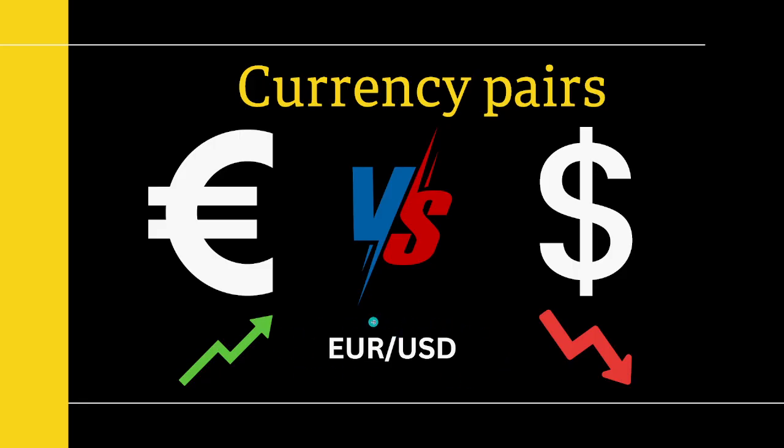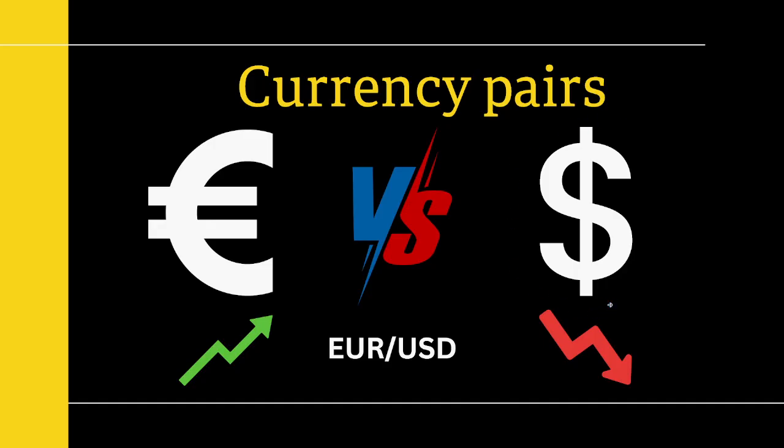When you're charting the financial market or looking for something in the news, you will find it like this: euro slash USD. So what does euro slash USD mean? It means that both of them are against each other, and usually the first currency is the one you are buying, and technically you are selling the other.